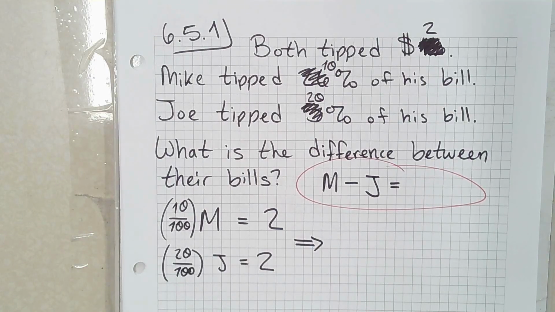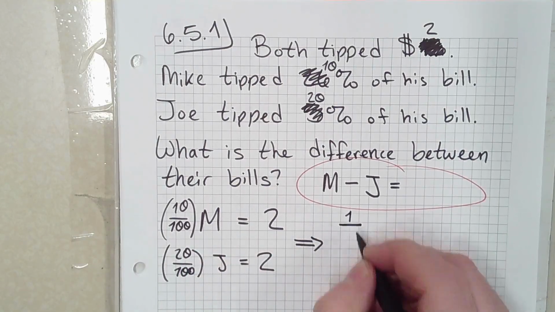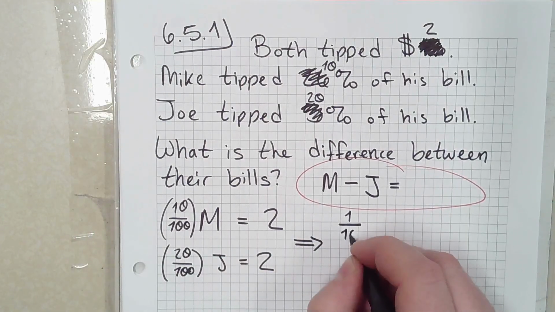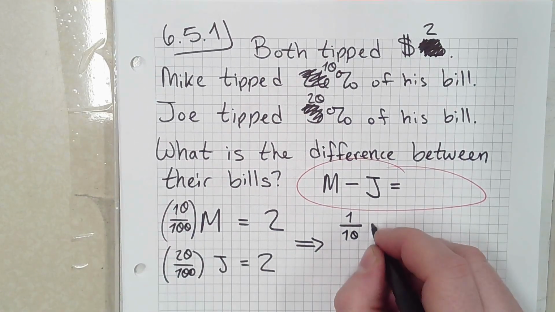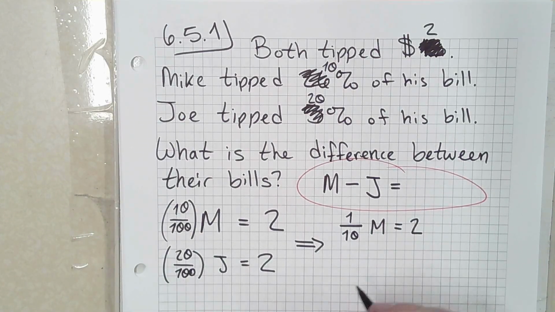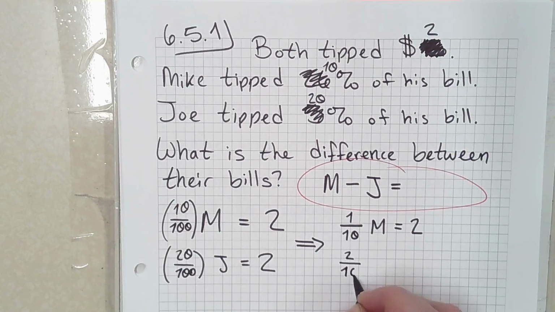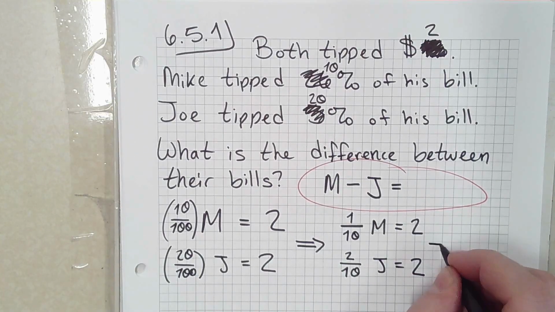Let's go ahead and do that. This is 1/10, right? This is 10 times 1, and this is 10 times 10. 2 of those 10s divide out, 10 and 10. So we have 1/10 of Mike's bill is $2. Here, 20 over 10, well, that simplifies to 2 over 10. And from there, we can simplify further.